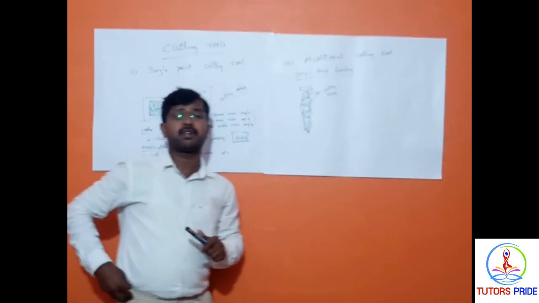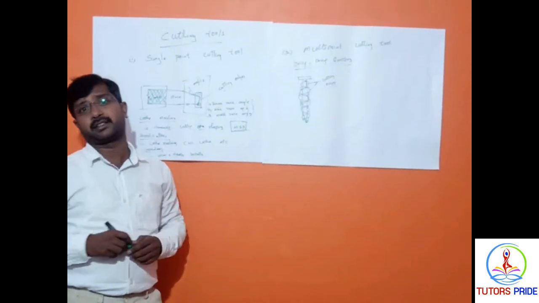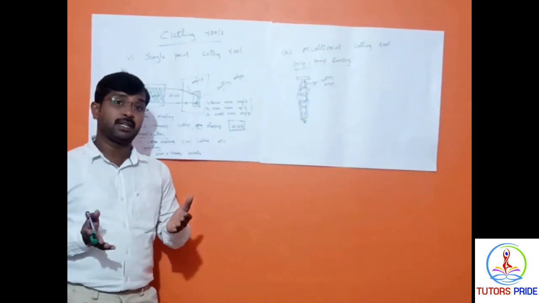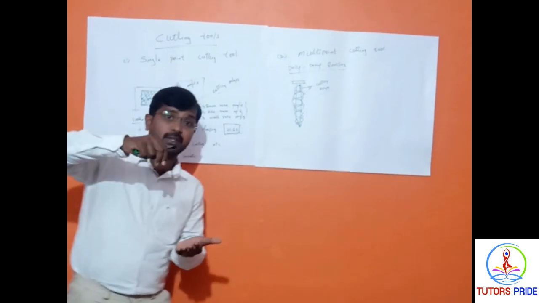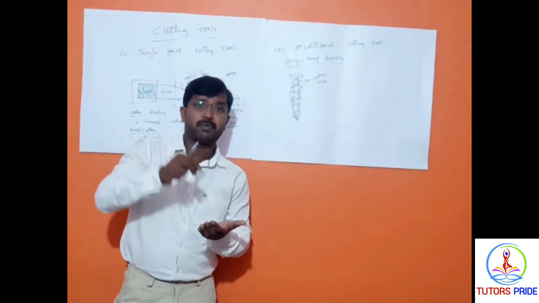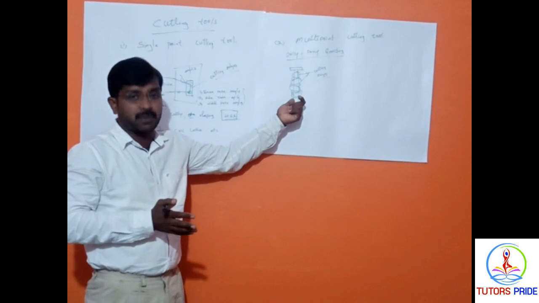Why? Because whenever you are drilling in harder materials, the drill gets stuck inside. Why? Because some materials are much harder. So the operation should be equivalent to, or harder than, the material.